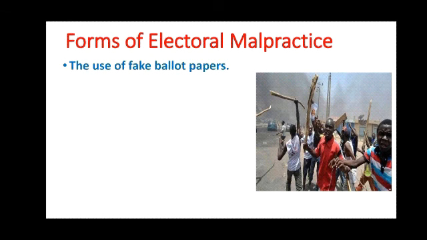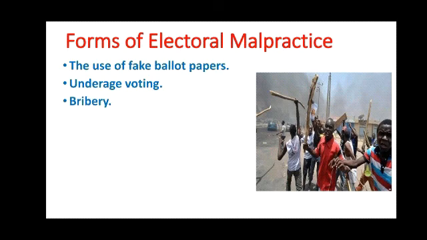Some politicians who are very desperate, seeking for power, can go as far as printing fake ballot papers. Again, underage voting. This is very common in Nigeria, where persons who are less than 18 years vote during elections so as to manipulate the process.